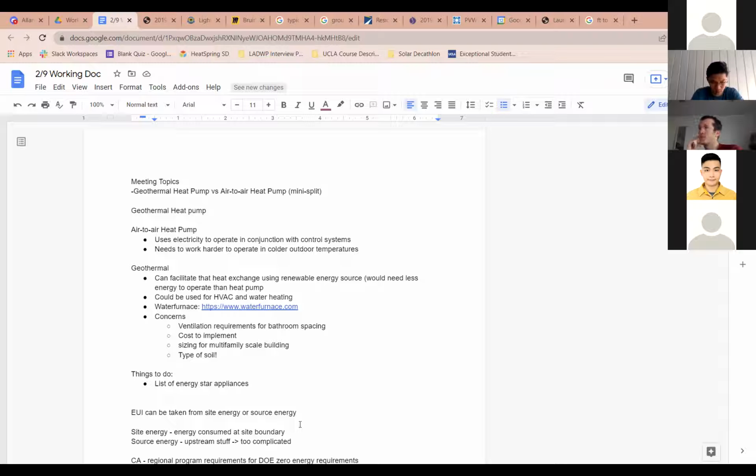So to further optimize the efficiency of our water heater, I'm proposing to use that geothermal heat pump system in conjunction with an electric water heater.